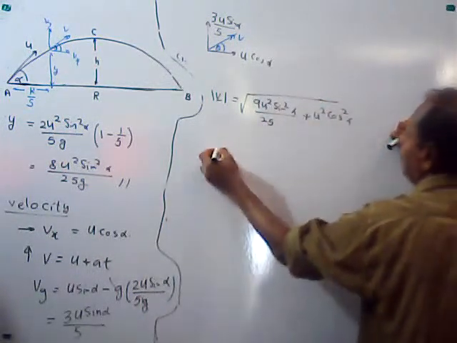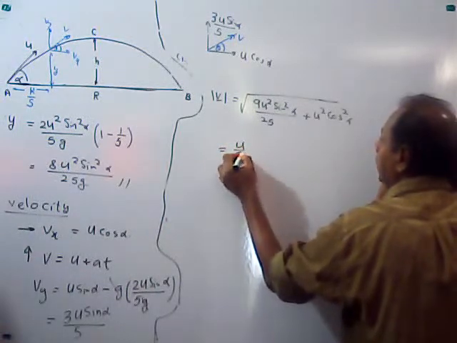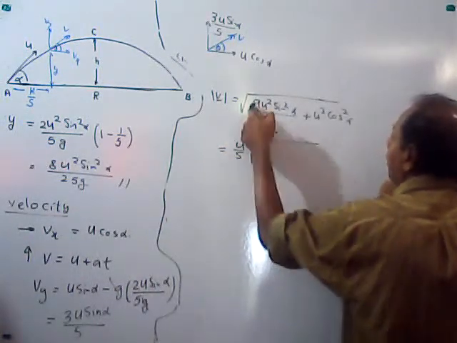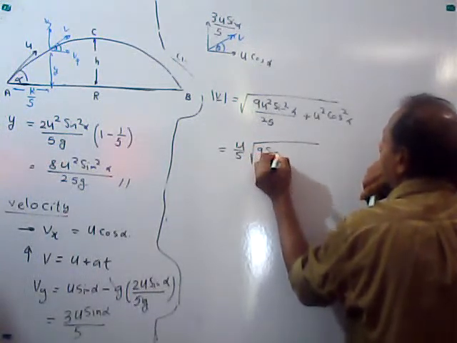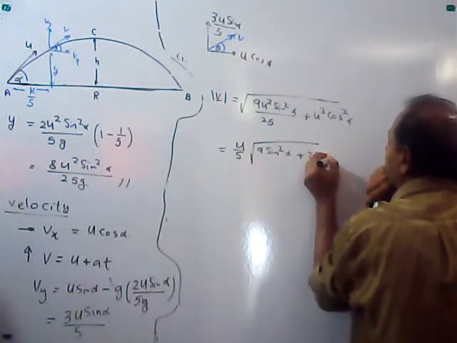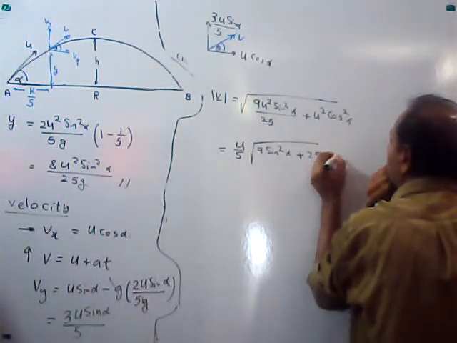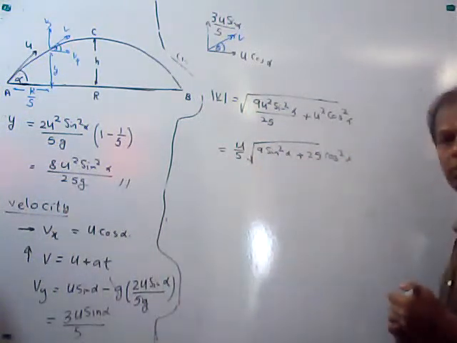We can take u squared and 25 out, so that comes out as u over 5 times the square root of 9 sine squared alpha plus 25 cos squared alpha.